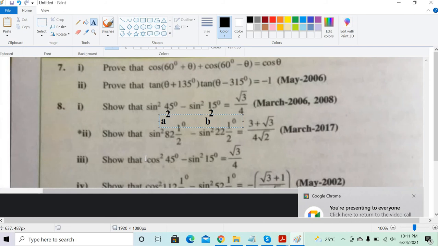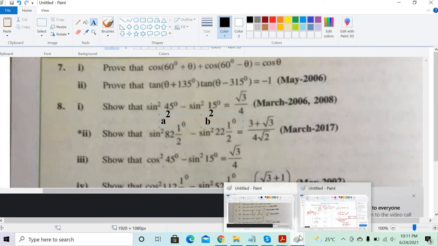Okay, now it's the C minus D formula. So this will be sin C minus sin D, which is 2 sin of (C minus D) by 2 into cos of (C plus D) by 2. So cos of 82.5 plus 22.5, that is 105, so 105 by 2.